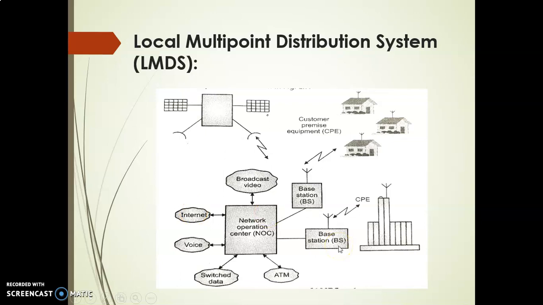Now this base station is also a fixed station, but this base station is wirelessly connected to the mobile users of industry, and this base station is wirelessly connected to the mobile user of residential area through the CPE. CPE is customer premise equipment.